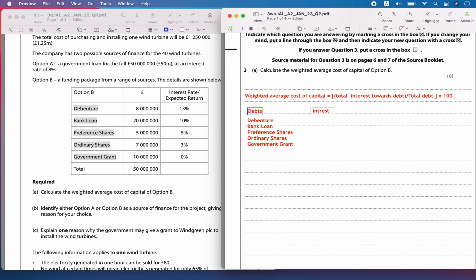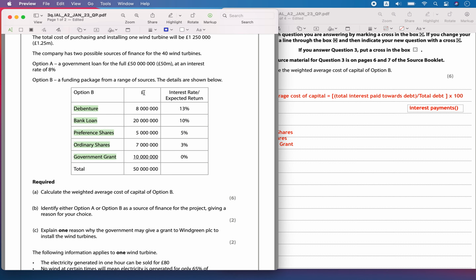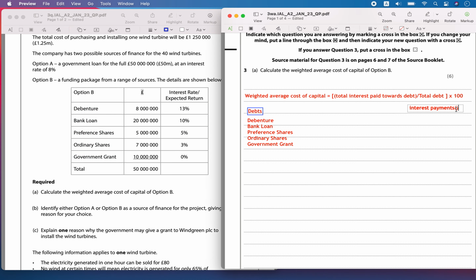The total interest paid towards all the debts, the interest payments, is going to be equal to, in pounds, and here we can start calculating.